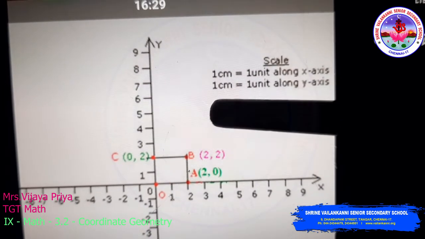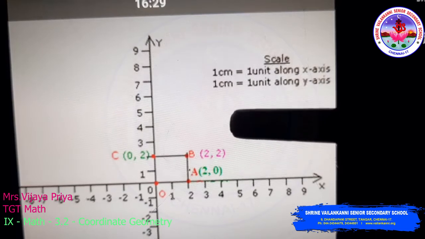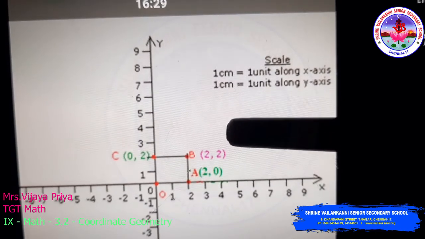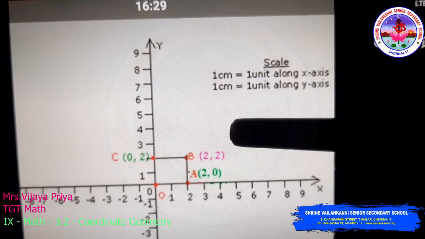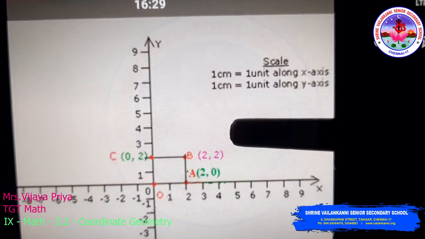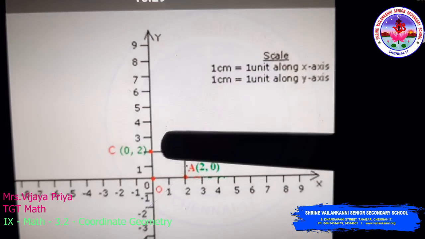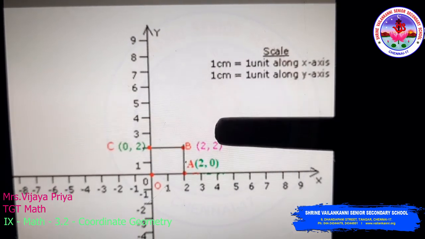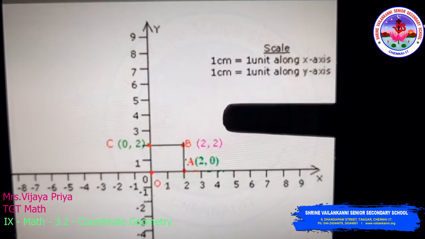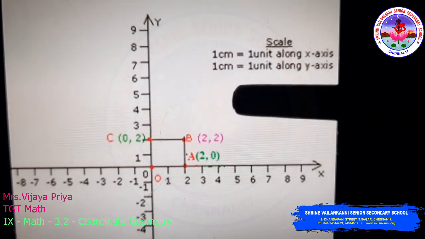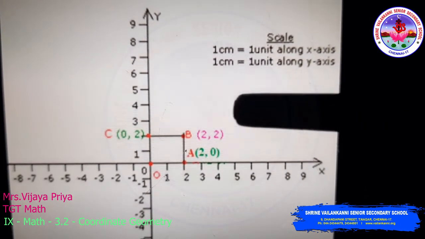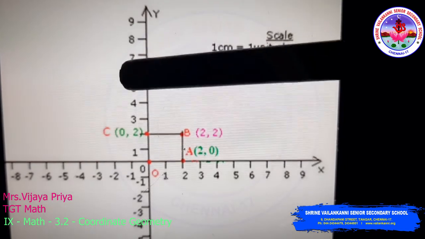Now going to the point B. B is (2, 2). So both x and y will be positive, so it will be plotted in the first quadrant. Where my x-axis is 2 and y-axis is 2, my intersecting point is B (2, 2). Now going to C. C coordinate is (0, 2).